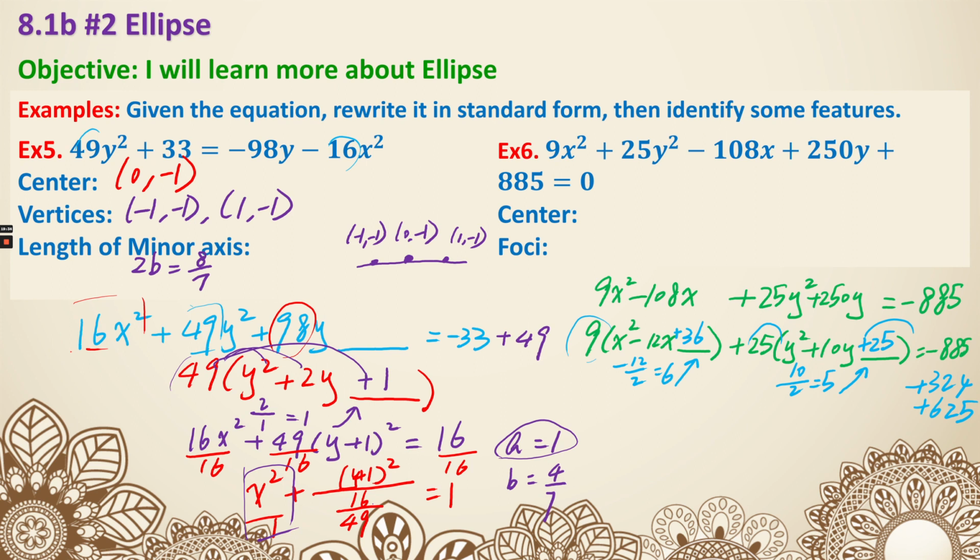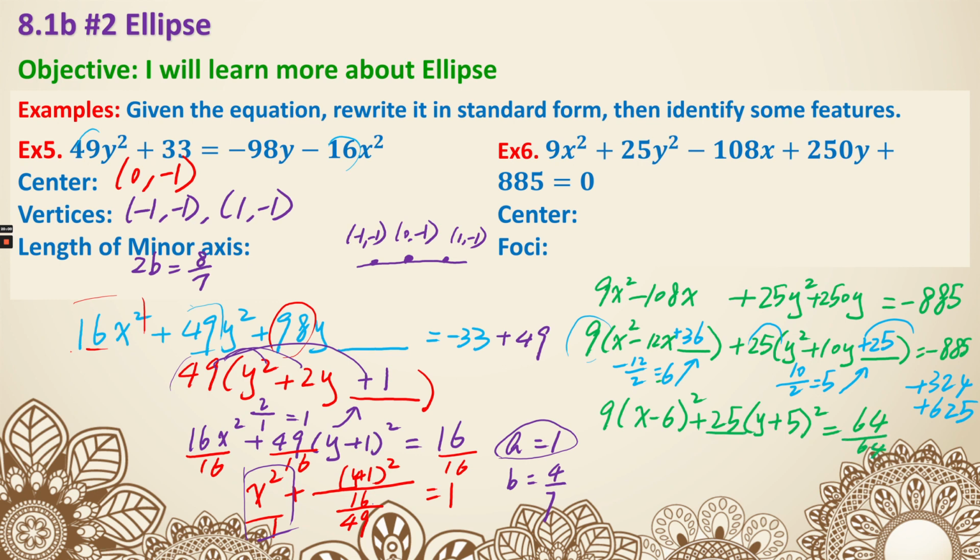Now we can actually start putting things together. 9 inside the parenthesis would be a negative 6, so it's x minus 6 squared plus 25. Then it's going to be y plus 5 squared. That would actually equal to 64. Now, in order for the right side to be a 1, we're going to divide everything by 64.